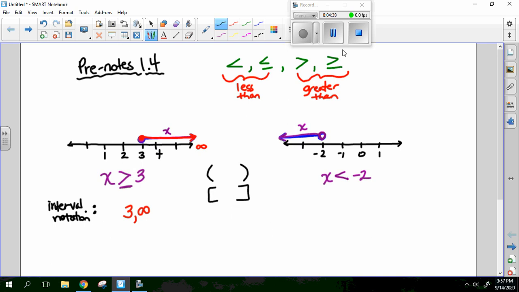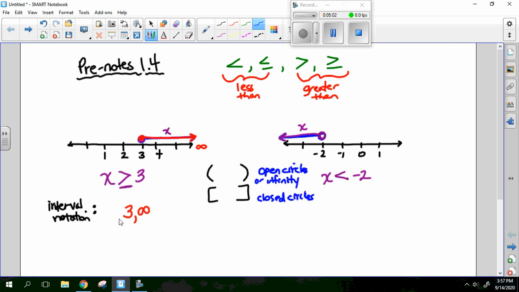We're going to use parentheses for open circles or infinities, and we're going to use the squared off brackets for closed circles.